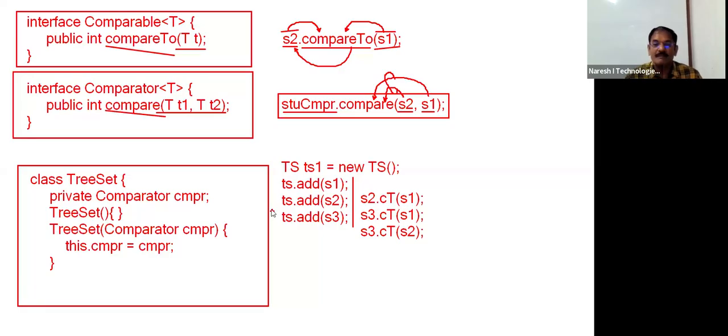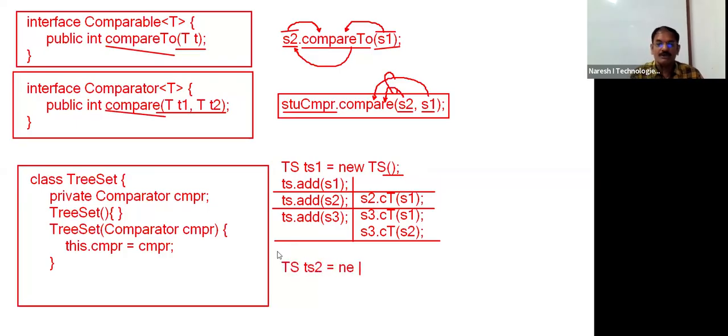Why is it comparing like this? Because you didn't mention a comparator. By default comparable will be used, isn't it? When you are adding objects, TreeSet by default uses the default comparison, which is supplied by the Student object, because you didn't mention any comparator here. Everyone tell me. ts2 = new TreeSet, passing StudentComparator.